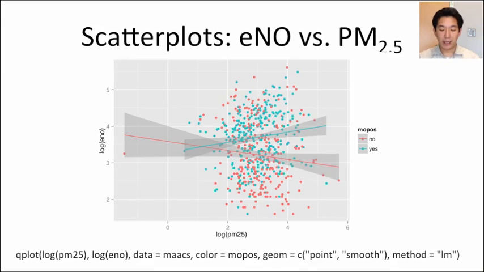That way I can look at the linear relationship between PM2.5 and ENO by whether they're allergic to mouse or not. And you can see that, roughly speaking, in the non-allergic children, amongst the red dots here, there's a little bit of a negative relationship, but it's not particularly strong if you factor in the confidence intervals. And then within the allergic children, there appears to be an increasing relationship between PM2.5 and ENO.